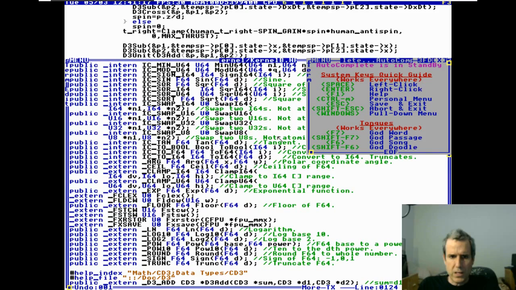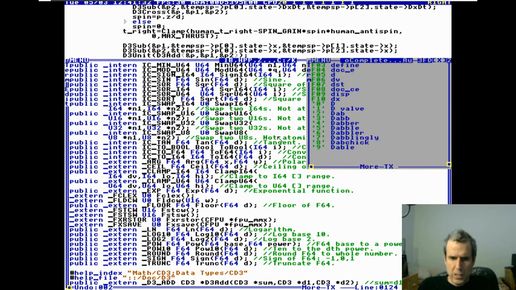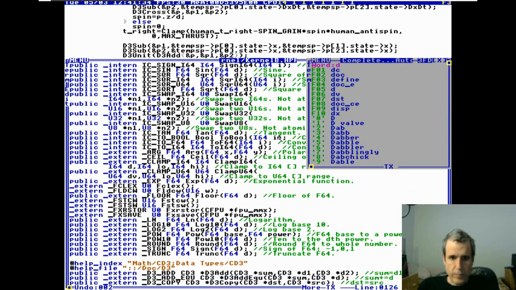What the fuck? It should be just D. So, clamp I64, U64, and then there's another one.